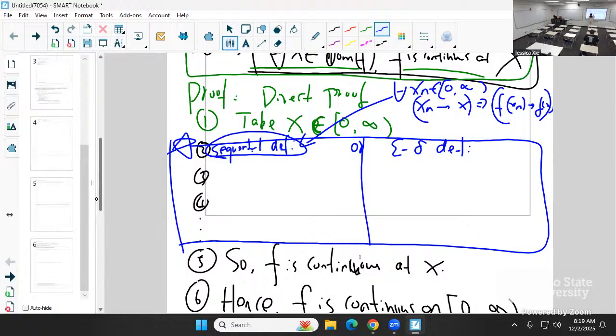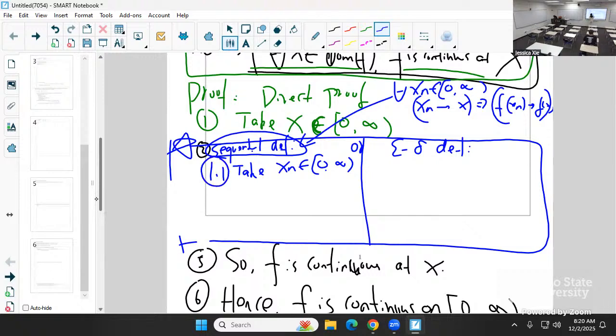To show that, we break it into sub-steps. Step 1.1 is to take xn as an arbitrary sequence from the domain: x1, x2, x3, whatever. There are so many real numbers from 0 to infinity.